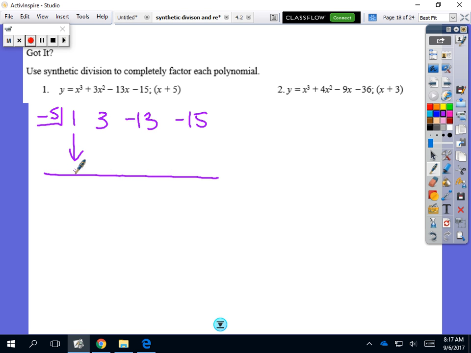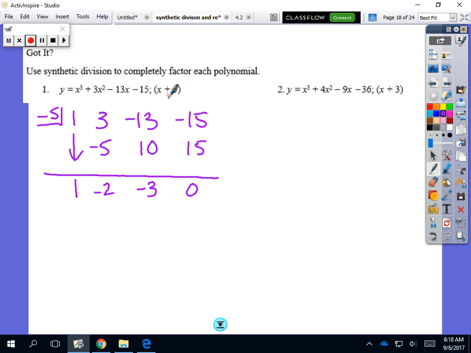Bring down your 1, get -5. 15. So I get a remainder of 0, which tells me this thing, x plus 5, is a factor.